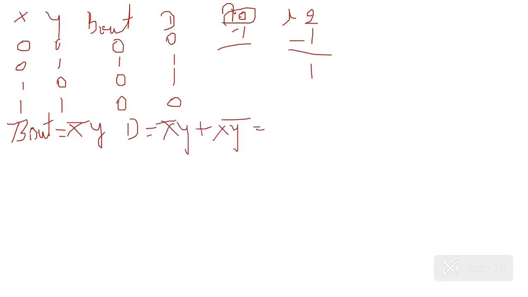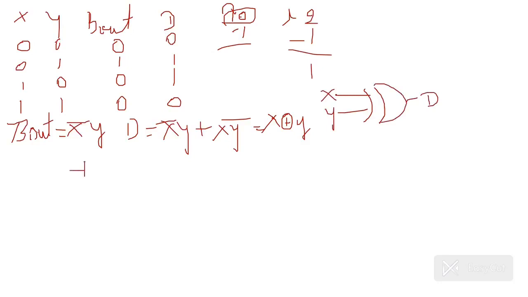It can be written as x XOR y, and the circuit for the difference will be: this is x, this is y, and this is difference. Okay, for borrow out it is x bar y, right?